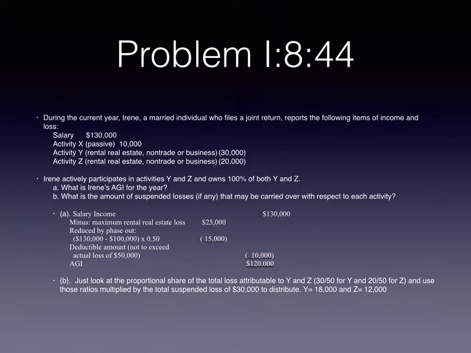So activity Y was basically 60% or 30 of the 50,000, and Z was 40% or 20 of the 50,000. So you'll use that 60% for Y, 40% for Z, and multiply those percentages times the amount that was left over of 30,000, and you get Y with 18,000 of the suspended loss attributable to Y, 12,000 of the suspended loss attributable to Z.